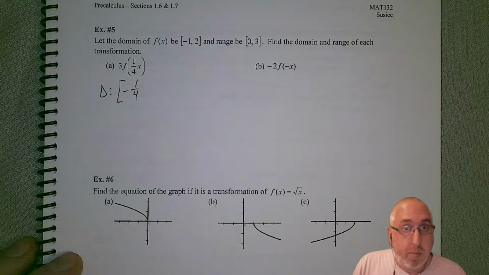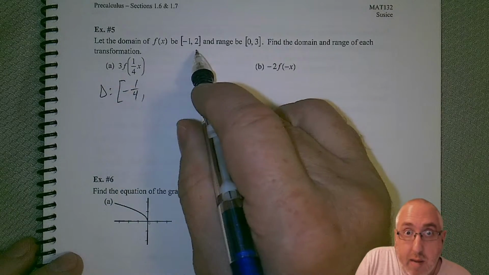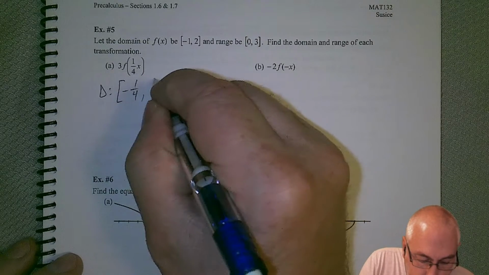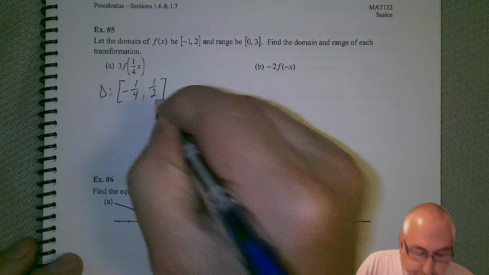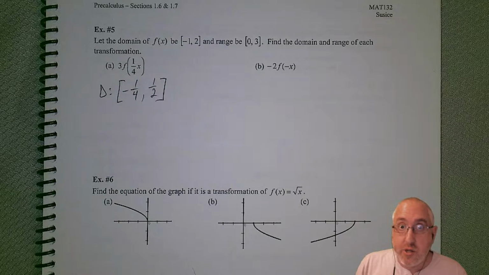So again, we're just multiplying it times the 1. If we multiply 1/4 times 2, then that's going to be 2/4 or 1/2. Done. That's the changes to the domain.